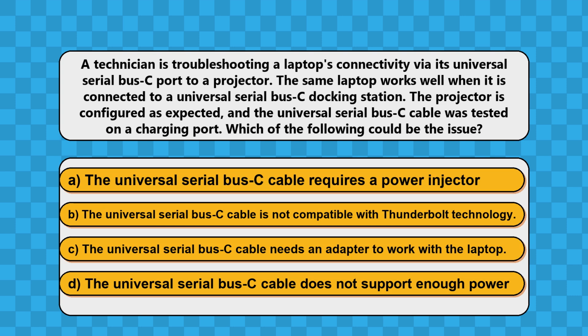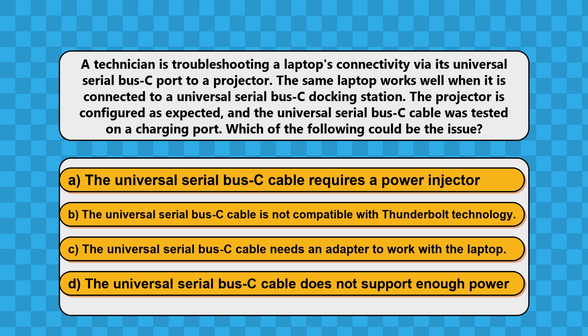Question 32. A technician is troubleshooting a laptop's connectivity via its Universal Serial Bus C port to a projector. The same laptop works well when it is connected to a Universal Serial Bus C docking station. The projector is configured as expected, and the Universal Serial Bus C cable was tested on a charging port. Which of the following could be the issue? Option A, the Universal Serial Bus C cable requires a power injector.